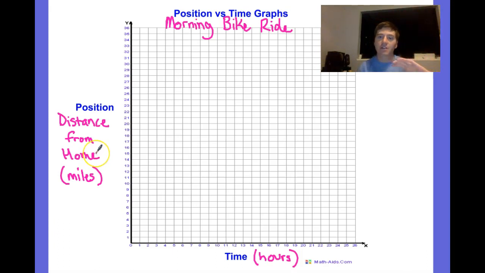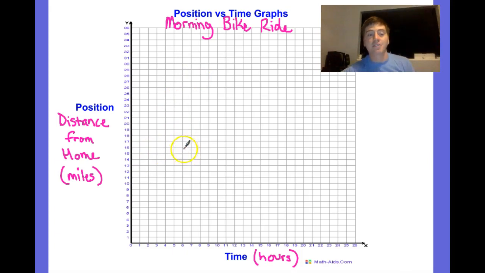So that's actually a displacement because I can go away from home and then back and have gone 0 distance from home, even though I've traveled a longer distance than that. So just be aware that this is actually a displacement and not a distance. Distances can't be negative. If I walked 10 yards away and walked 10 yards back, then my distance was 20. But my displacement is 0. So I'm in the same spot.